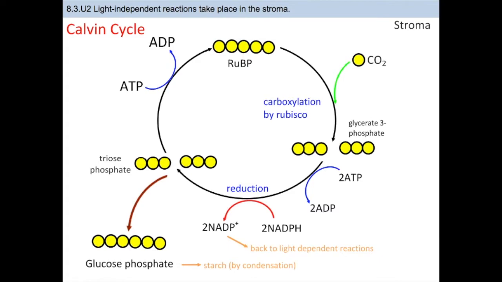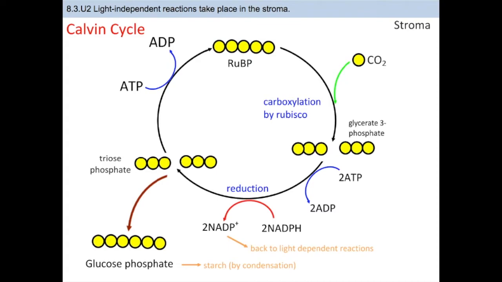First cycle, triose phosphate. Second cycle, third cycle, fourth cycle, fifth cycle, sixth cycle. Okay, so it happened 6 times. So you have how many triose phosphates?